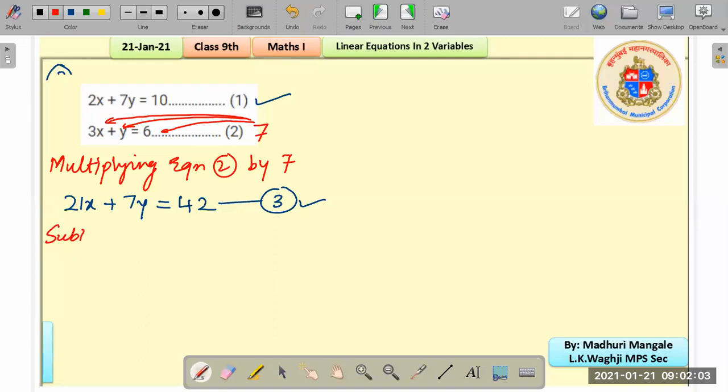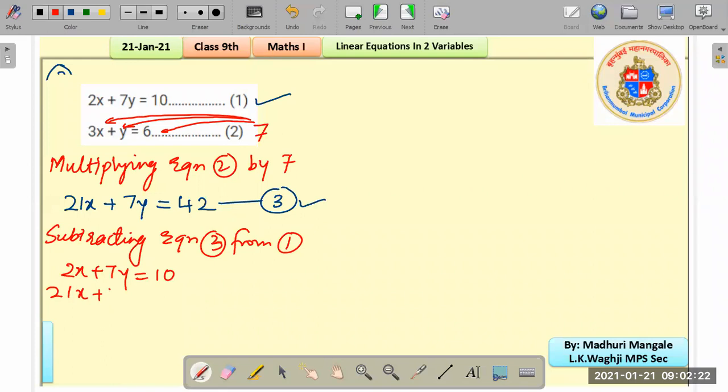So subtracting equation 3 from 1 this time. So equation 1 is 2x plus 7y equals to 10, and equation 3 is 21x plus 7y equals to 42. And now we are subtracting. So remember, whenever we are subtracting, we should change the signs of the bottom row.